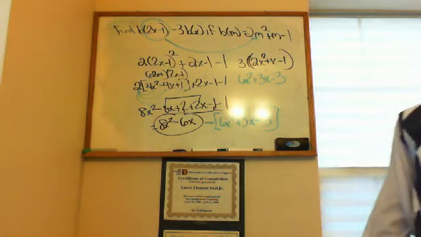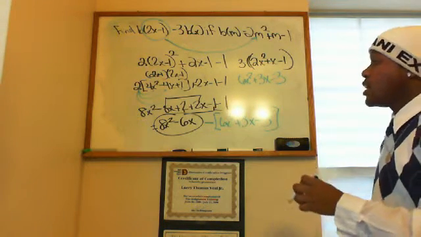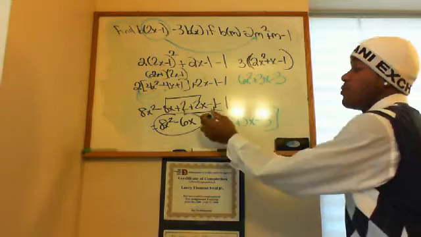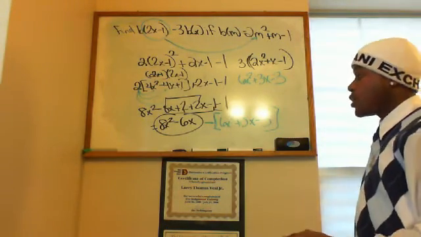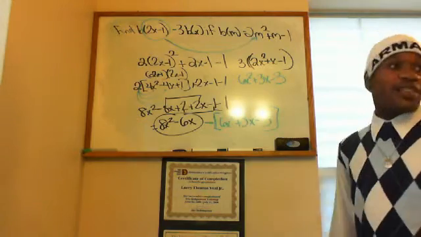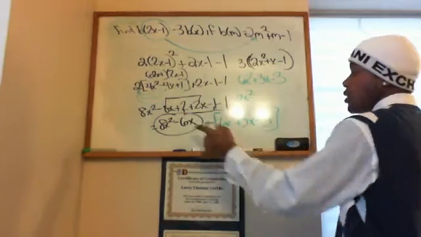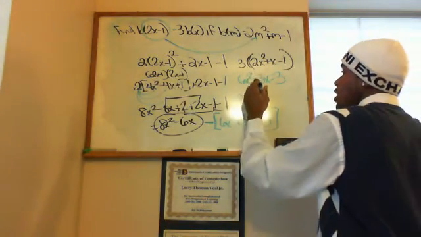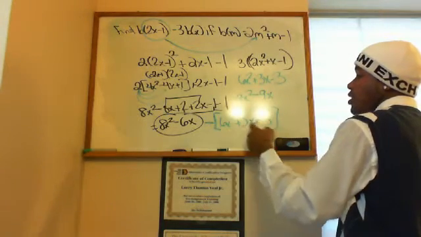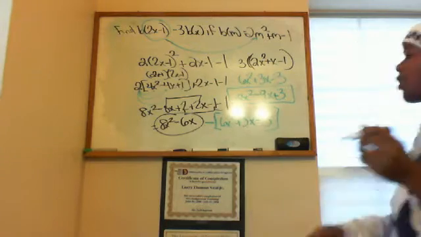Do you distribute the negative first? Yes, like there's an imaginary 1 there. So 8x squared minus 6x squared is 2x squared. Then minus 6x minus 3x is negative 9x. And then minus a negative 3 is plus 3. That's our final answer for that one.